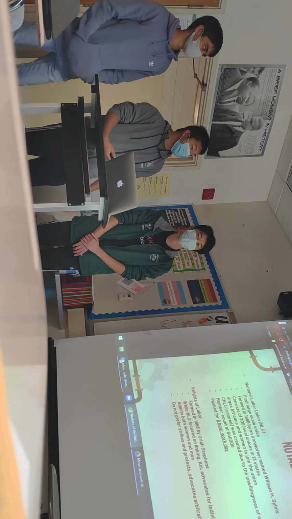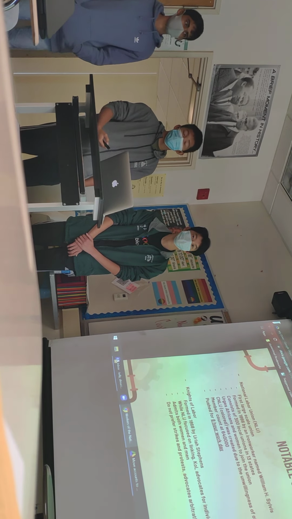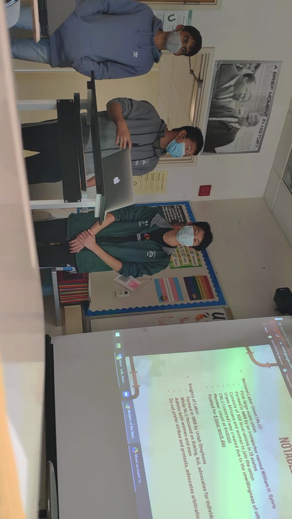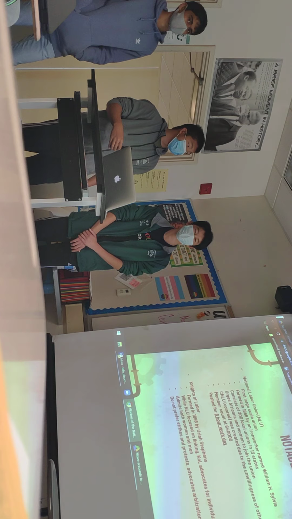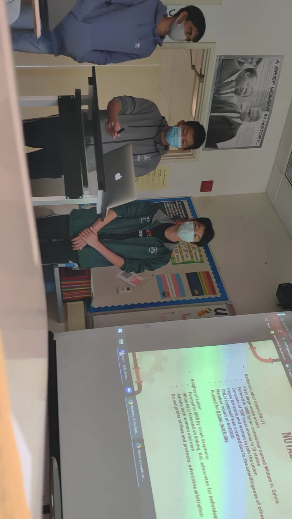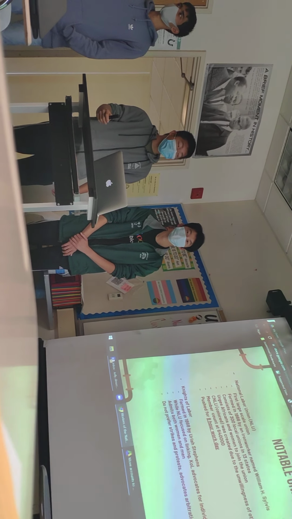A couple of notable unions. One of them is the National Labor Union, or the NLU. It's the first large-scale union that was founded in the U.S. It was formed in 1866 by an iron worker named William H. Sylvis. It consisted of 300 local unions, a collection of unions that banded together, in 13 different states.